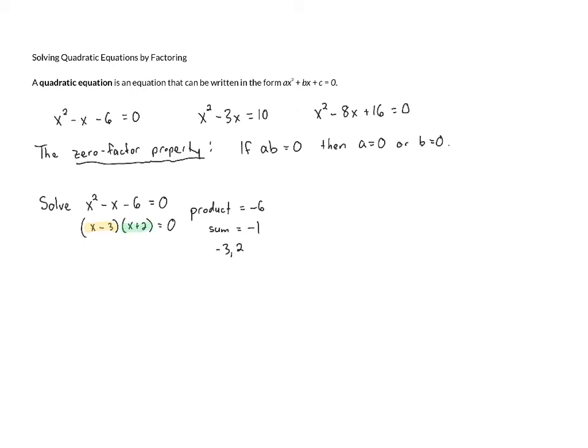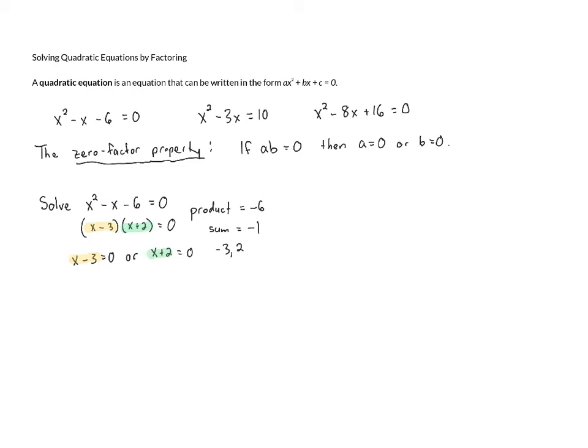What that means is either the first factor equals 0, x minus 3 equals 0, or the second factor, x plus 2 equals 0. I really love highlighting things. I hope it helps you to see where certain things are coming from. When we have a product that's equal to 0, either the first factor has to equal 0 or the second factor has to equal 0.